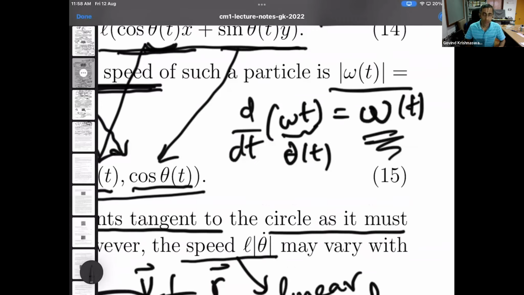We will argue that this definition is a good one because it reduces to the constant omega in the case of uniform circular motion. In the case of uniform circular motion, theta of t is simply a linear function, namely omega t, where this omega is nothing to do with that omega a priori. So if I differentiate this, I will simply get omega. So Shyam Patankar, are you with me on this?